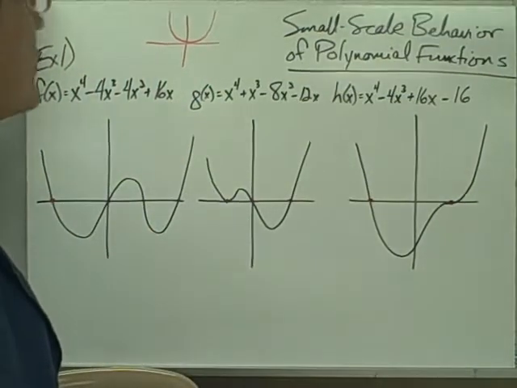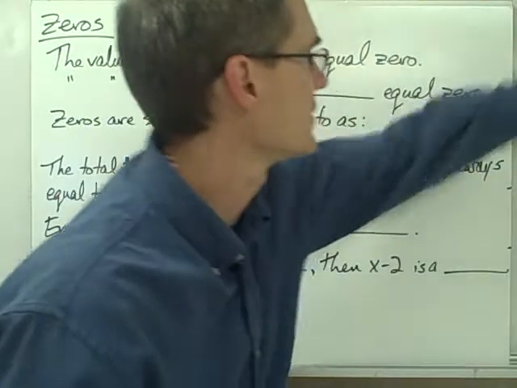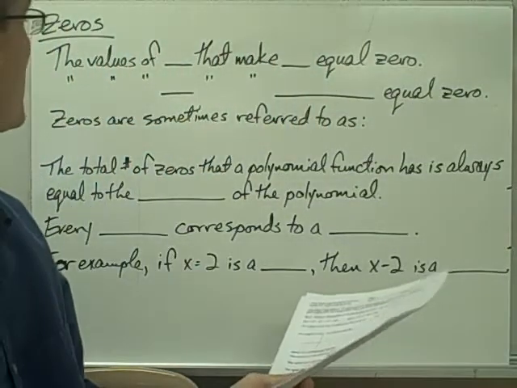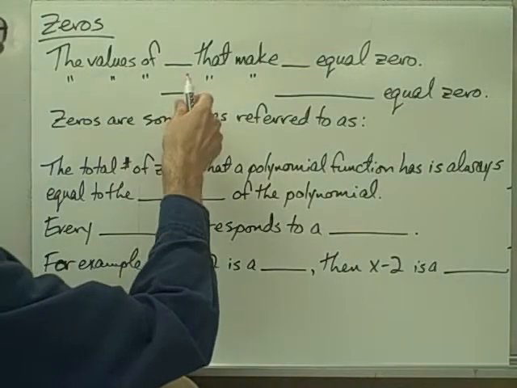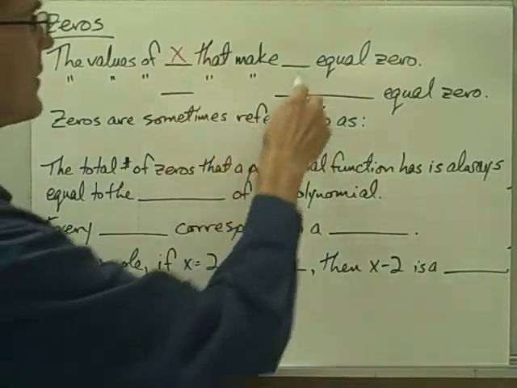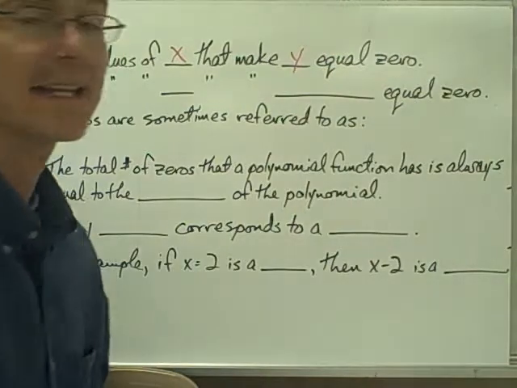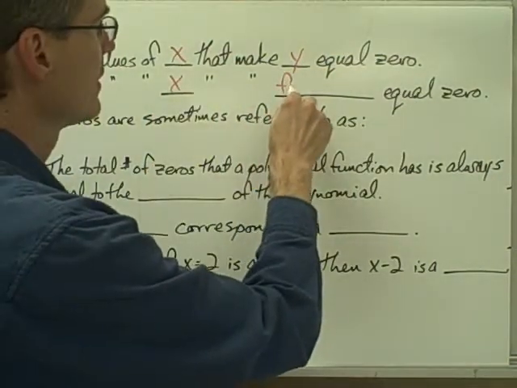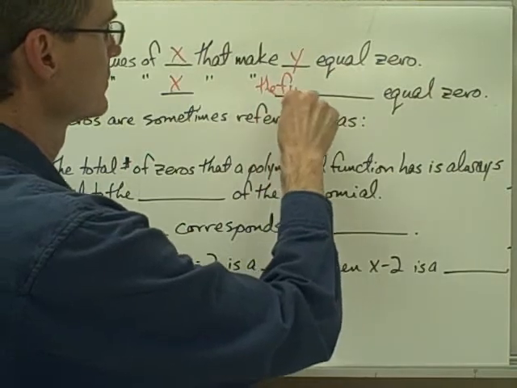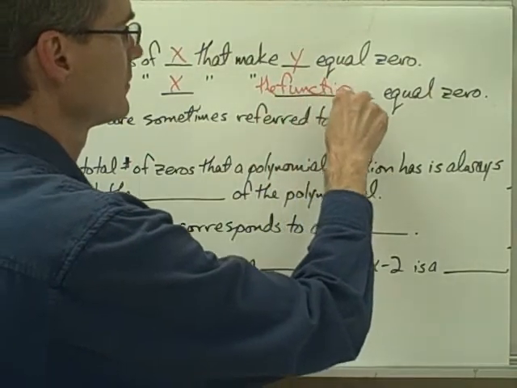So let's take a look at the zeros of a polynomial function. The zeros of a function are just the values of x that make y equal 0. That is, they're the values of x that make the function equal 0.